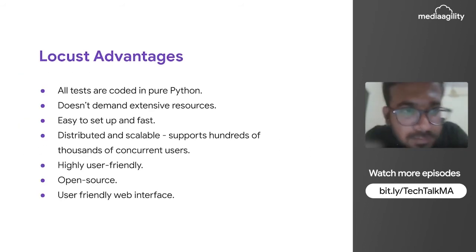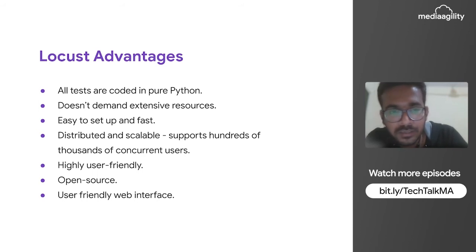Here are some advantages of Locust. All tests are coded in pure Python, which makes it easy, and it doesn't require extensive resources. It has lightweight threading, it is easy to set up, and it's very fast.